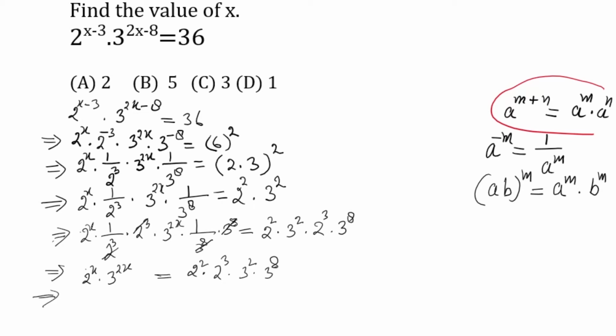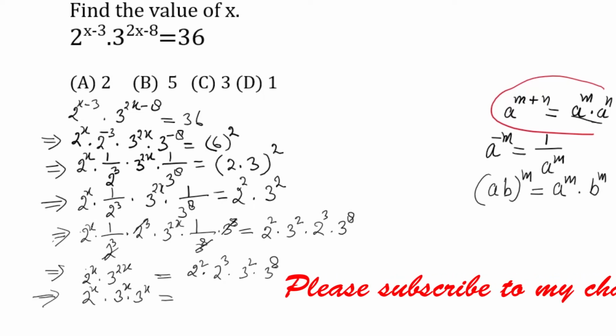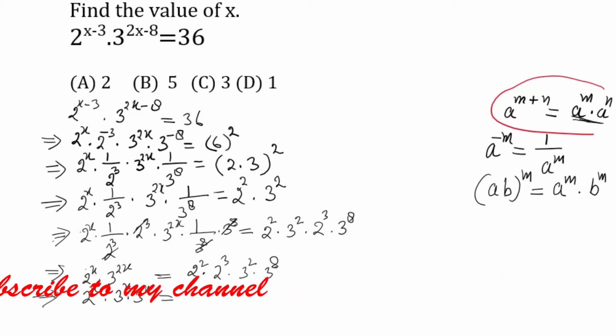Implies 2 to the power of x into 3 to the power of x, 3 to the power of x. I break it into two parts. Here 2 to the power of 2, 2 to the power of 3, I can write here 2 to the power of 2 plus 3 and 3 to the power of 2 plus 3.